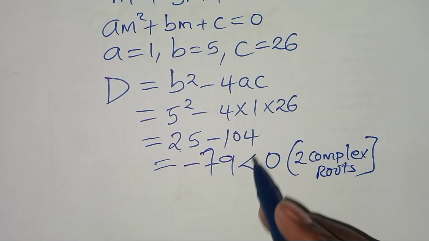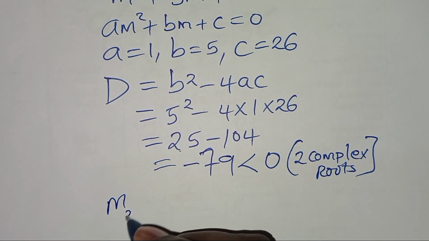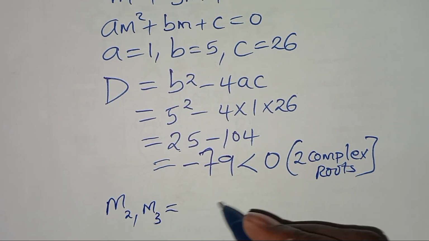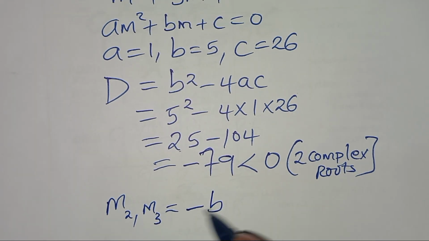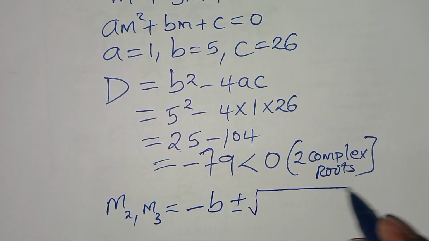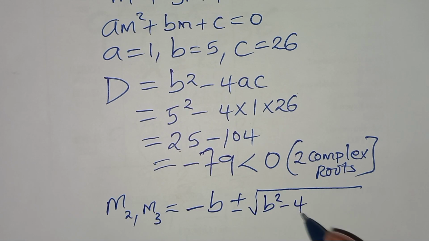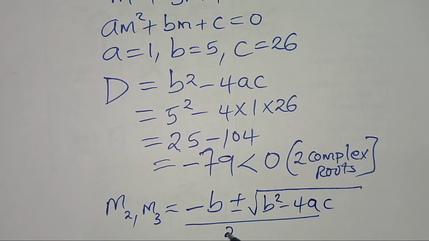And now to solve these two complex roots, which is actually m2 and m3, this can be solved by applying the quadratic formula, which is negative b plus or minus the square root of b squared minus 4ac divided by 2a.